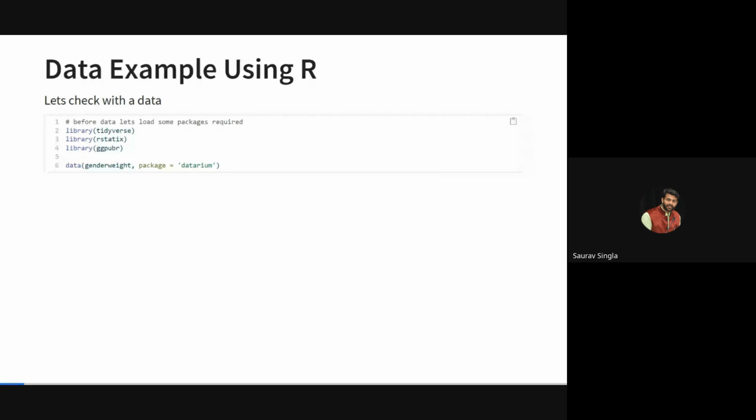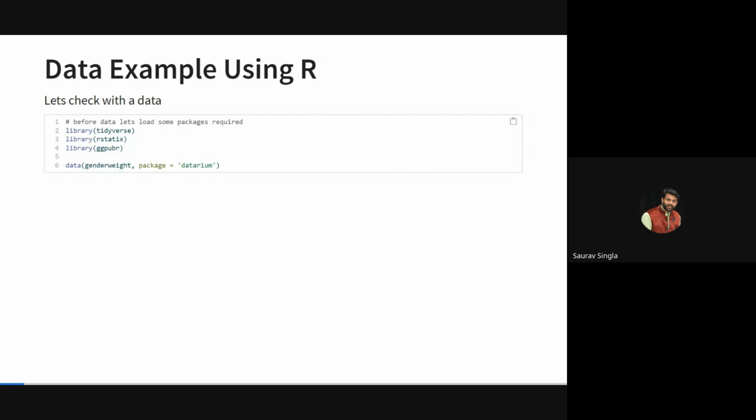Okay, so let me proceed with the things here. In this software, majorly there are things like libraries or packages, you can say the same thing. In a package, there are many functions stored, and then that library provides the facility to use those functions when we load that library.